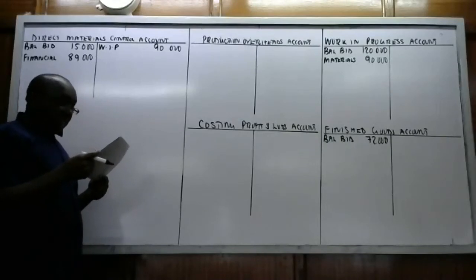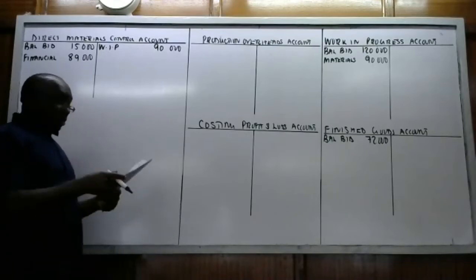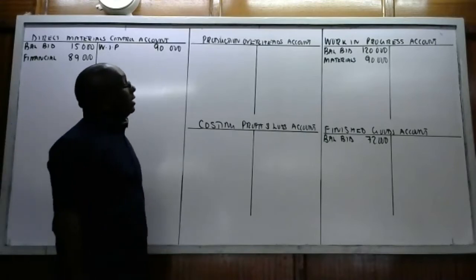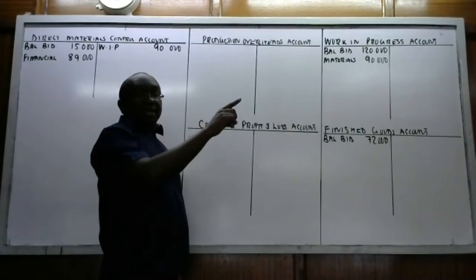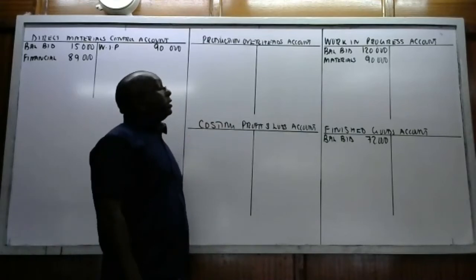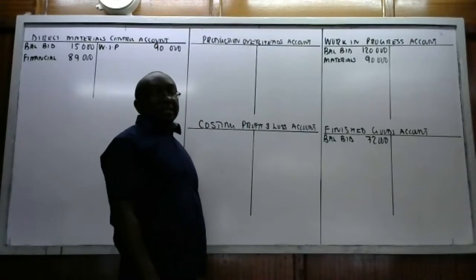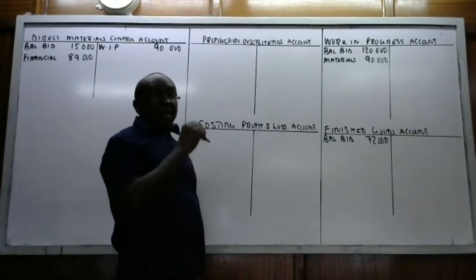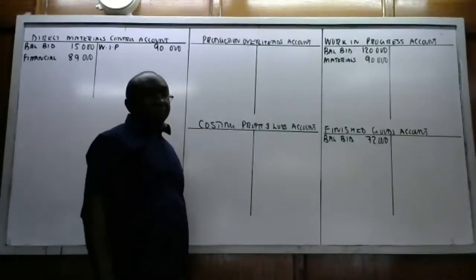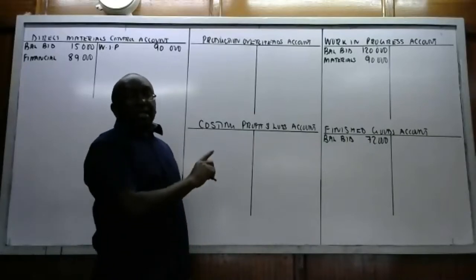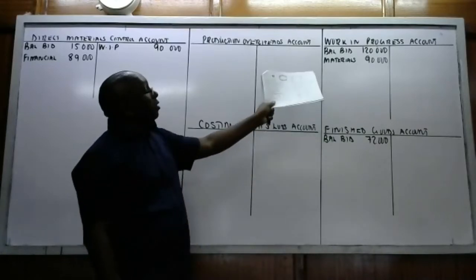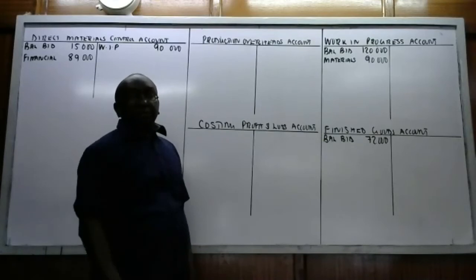Direct labor paid. When you pay direct labor, we debit the wages account and credit the finance. Now those two, they are not here. But after you have debited the wages, you cross it to work in progress by debiting work in progress and crediting wages, so that you show that you have paid.